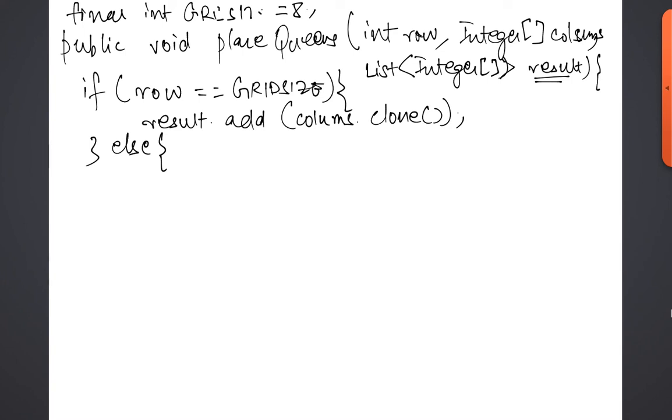We want to reach the end, but before that, we want to place a queen at a position which does not violate any of the rules. So we run through the row.